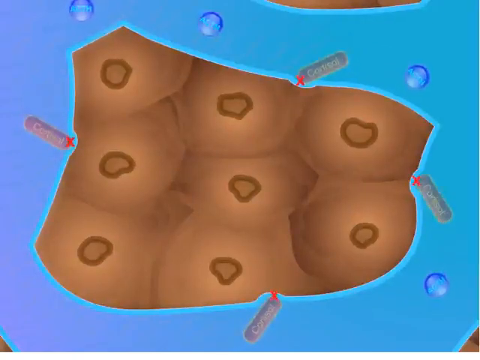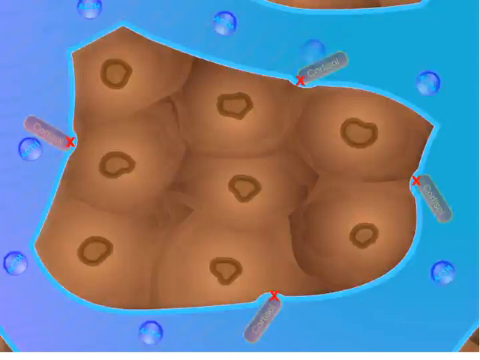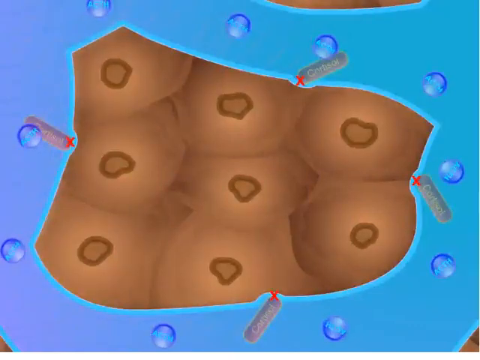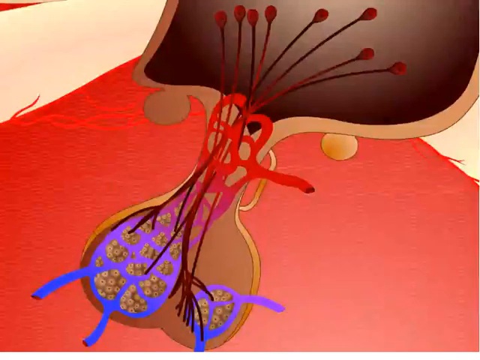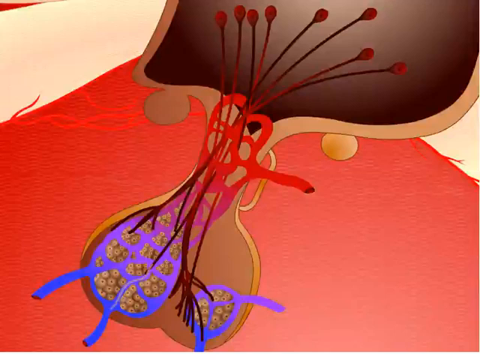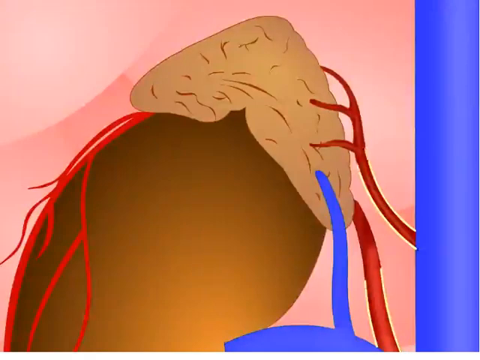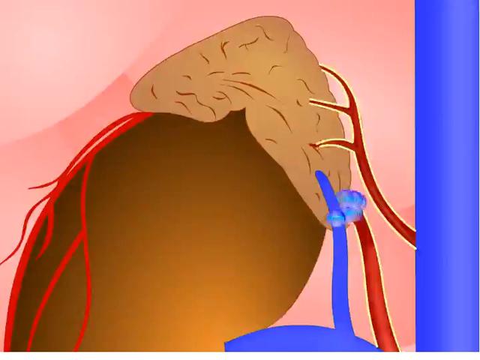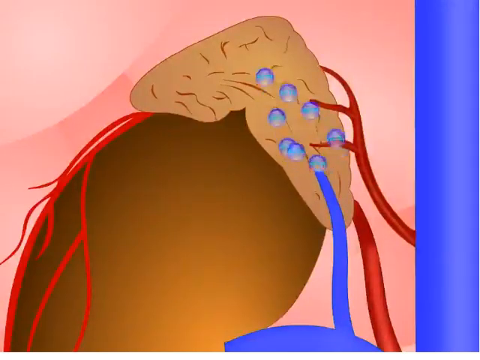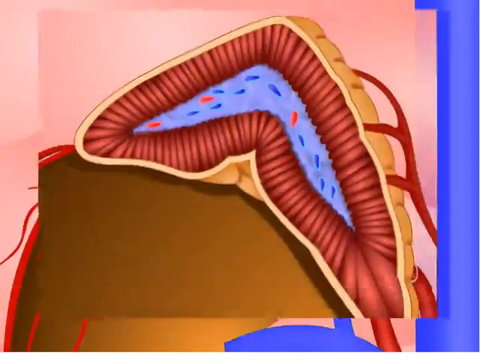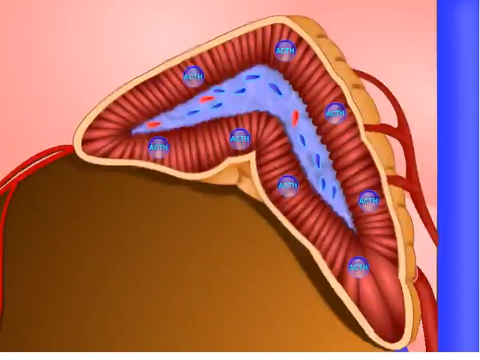This leads to hypersecretion of ACTH. Long-term stimulation of the adrenal cortex by ACTH causes hyperplasia of adrenal cortical cells.